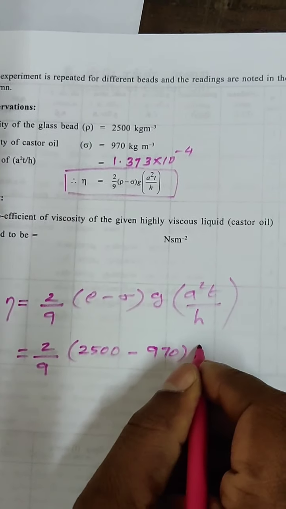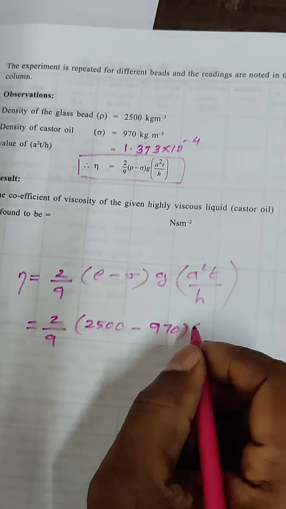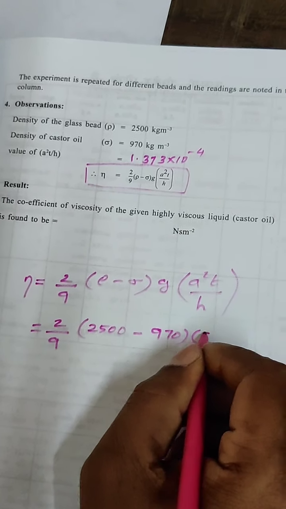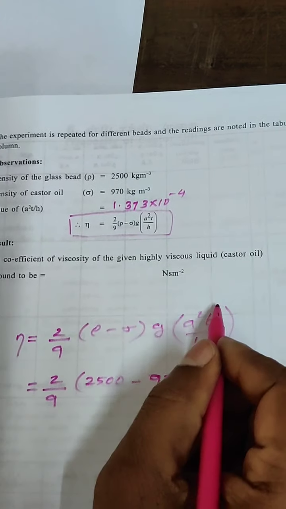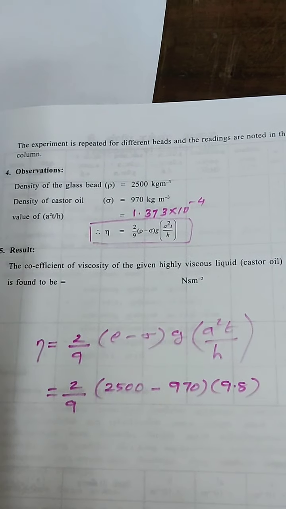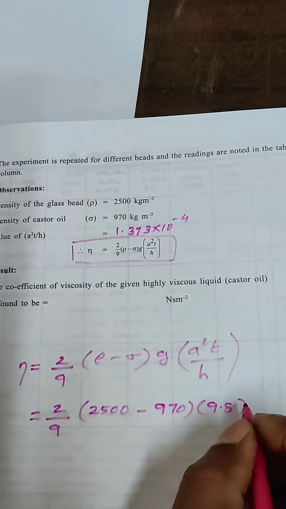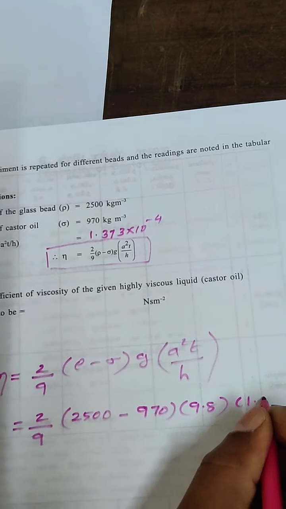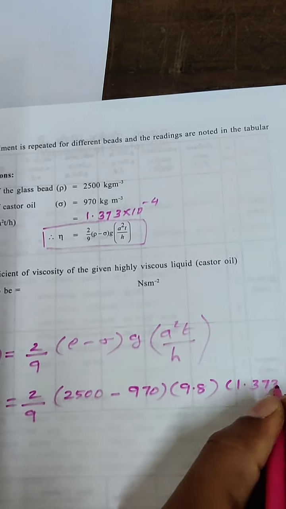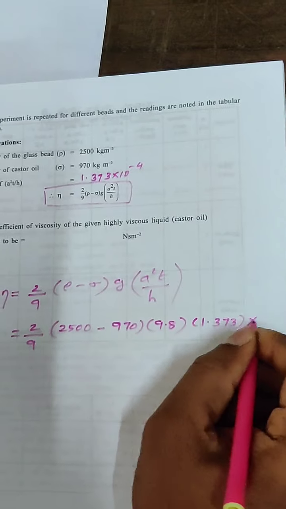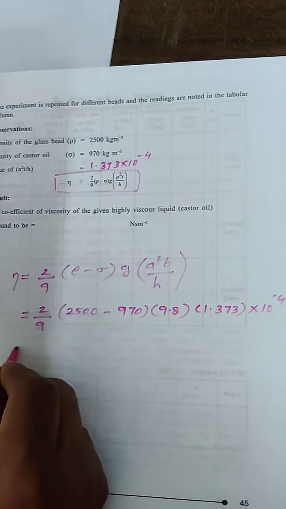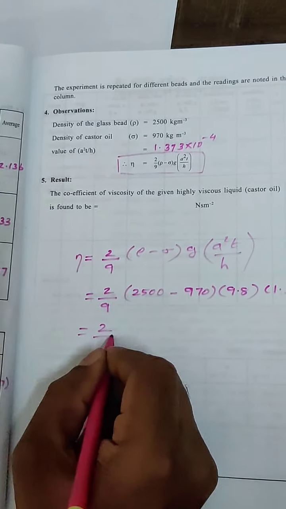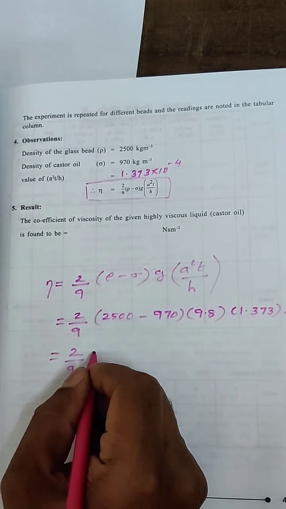Then g, the acceleration due to gravity, we know the value as 9.8. The value which we calculated from this experiment is a squared t by h, that is 1.373 into 10 power minus 4.